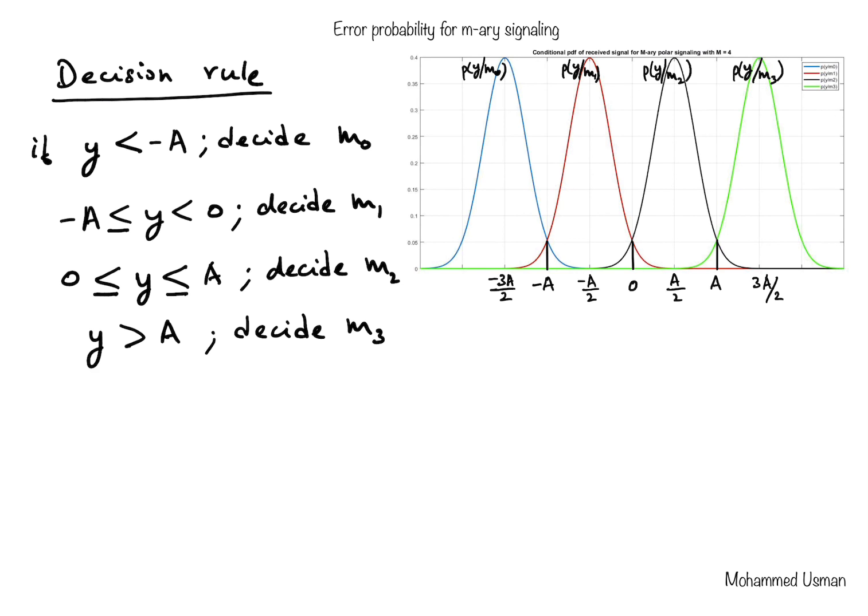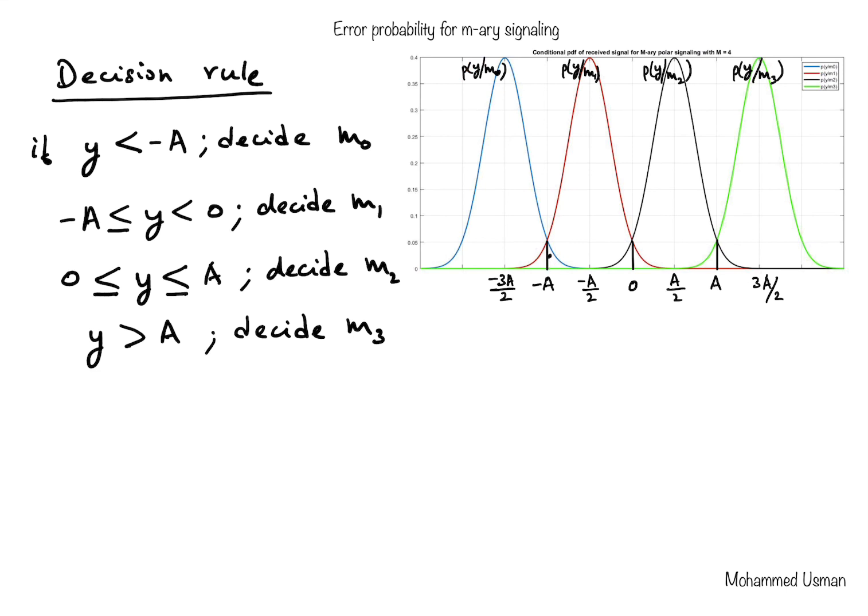But occasionally there could be an error. For example, it could be that we transmitted M0, but the received signal is greater than the threshold -A. So if that situation happens, then this area here represents the error probability when M0 is transmitted. So we will highlight this area here.